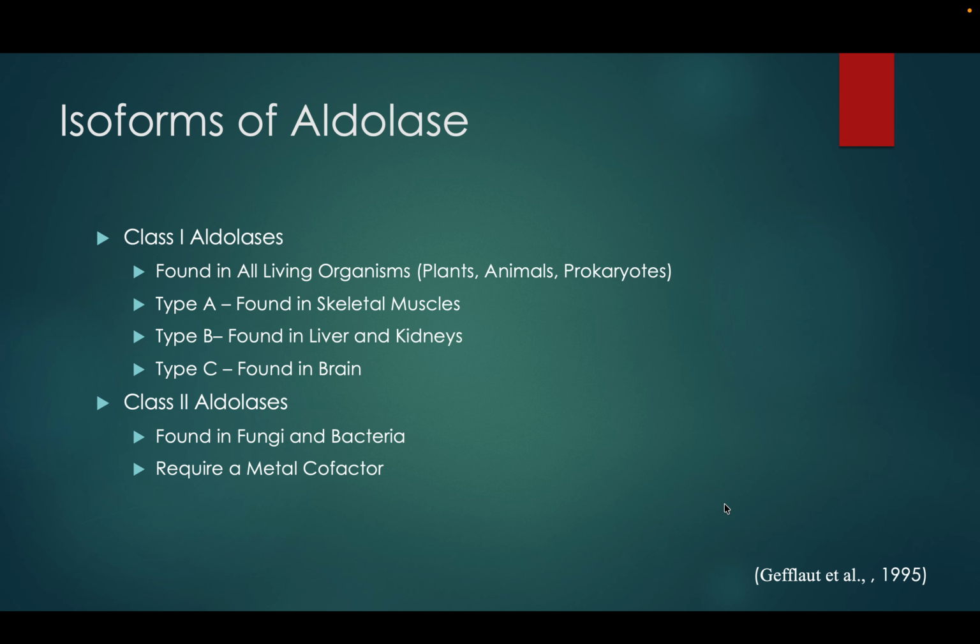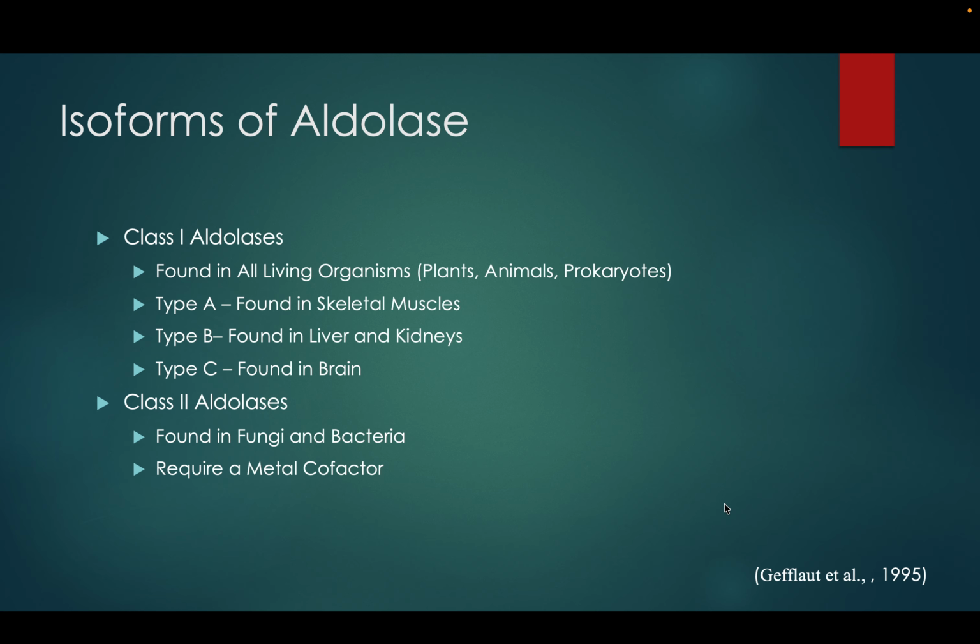So, isoforms of aldolase. There are two overall classes of aldolase. However, there are multiple subgroups. The two main classes are divided into class 1 and class 2. Class 1 aldolases are found in all living organisms.